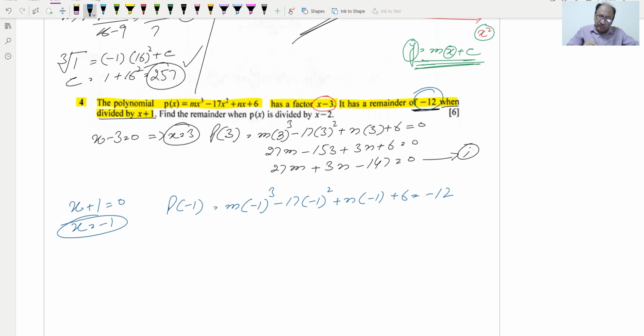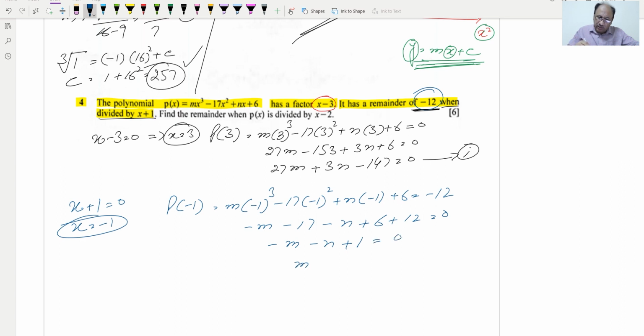Now we can simplify. It will be minus m, and this will be minus 17 minus n plus 6 and plus 12 is equal to 0. And this implies minus m minus n, and 18 minus 17 will be plus 1 is equal to 0.